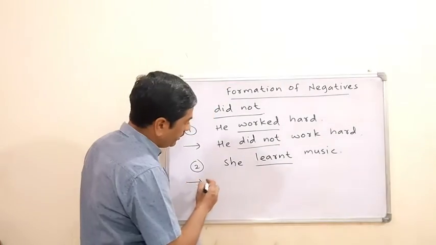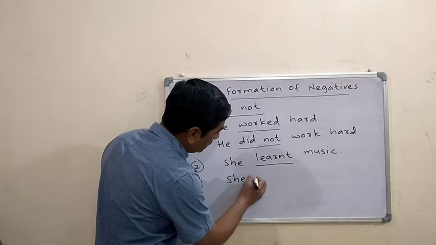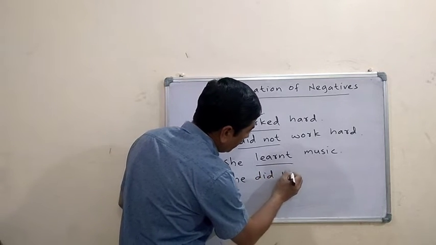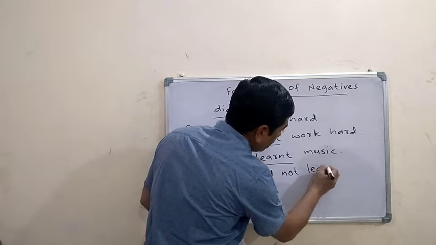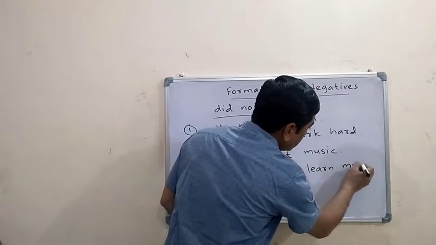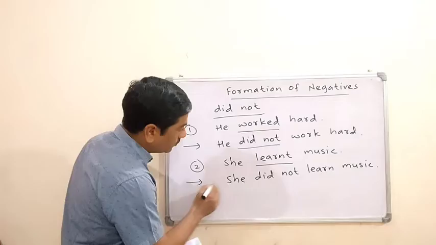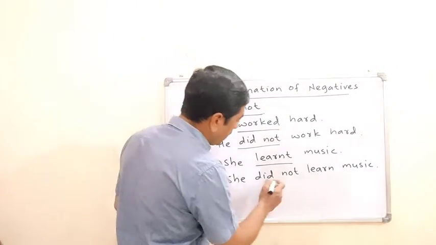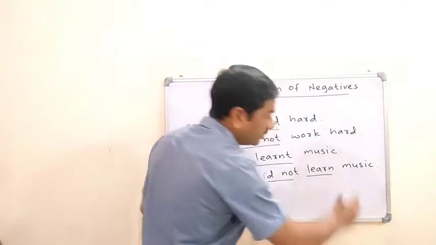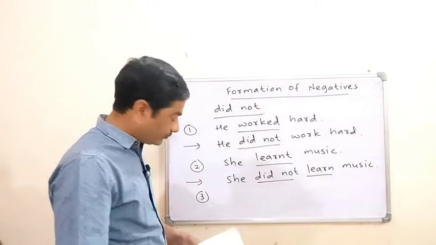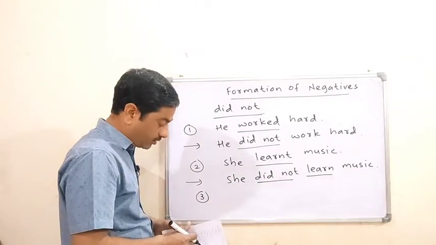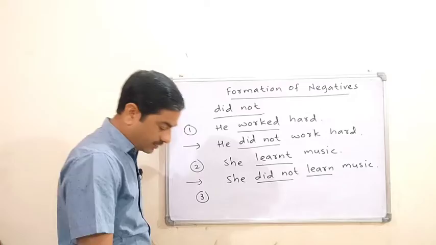So its negative is she did not learn music. Learnt is the V2 form, and here we use did not and the V1 form of the verb. We'll study a few more sentences.